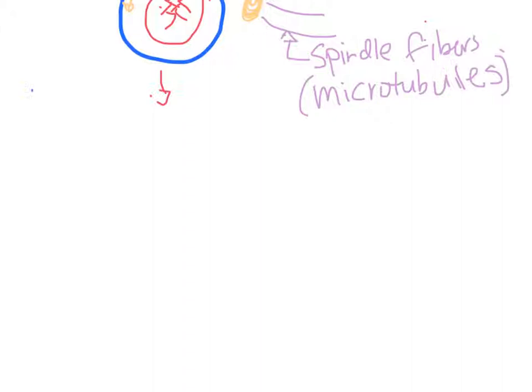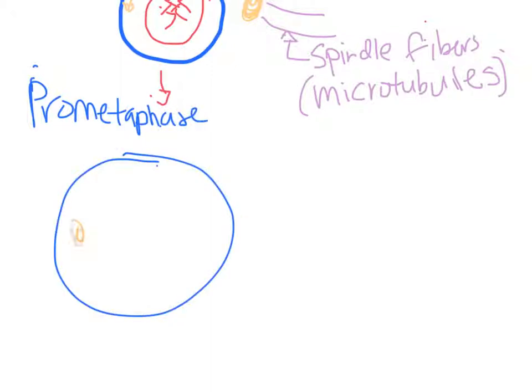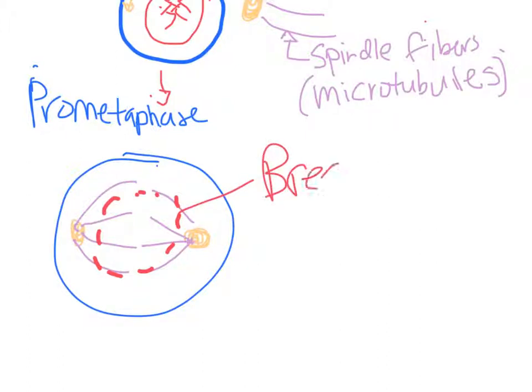Next, we get to what is called pro-metaphase, which is characterized when the centrosomes are on opposite sides of the cell. And the spindle has formed. What's happening also is that your nuclear envelope is broken up so that the spindle is able to get into, reach the chromosomes inside.